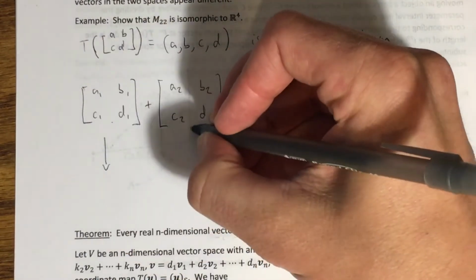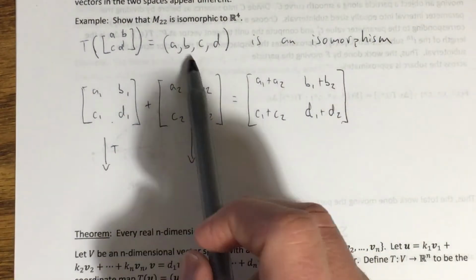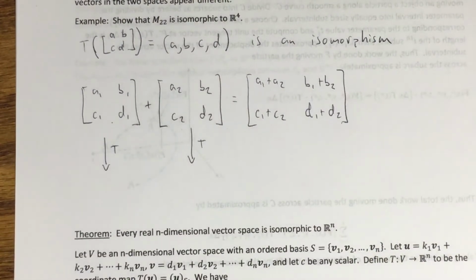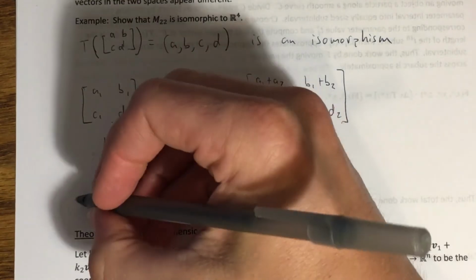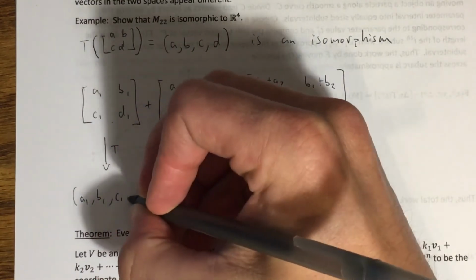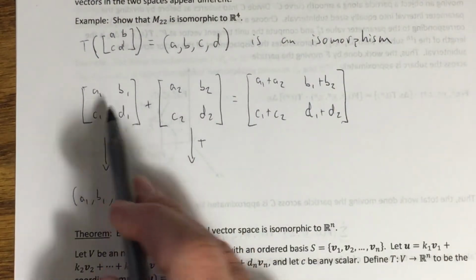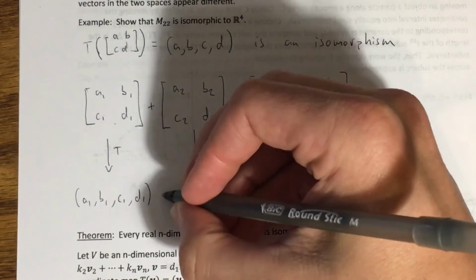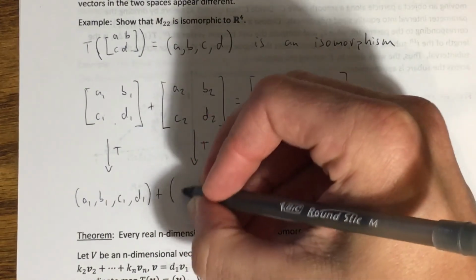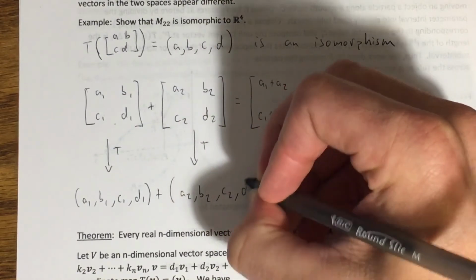So if I map each of these to the corresponding vector in R4 under this linear transformation T, I get A1, B1, C1, D1. Remember, that's what the linear transformation does. It takes these entries, maps them to these coordinates. Okay? A2, B2, C2, D2.